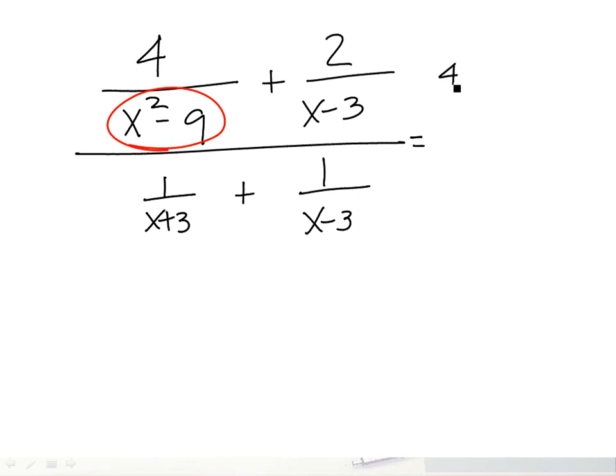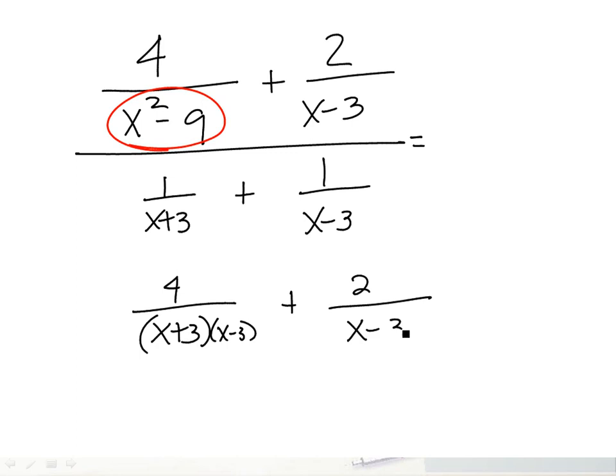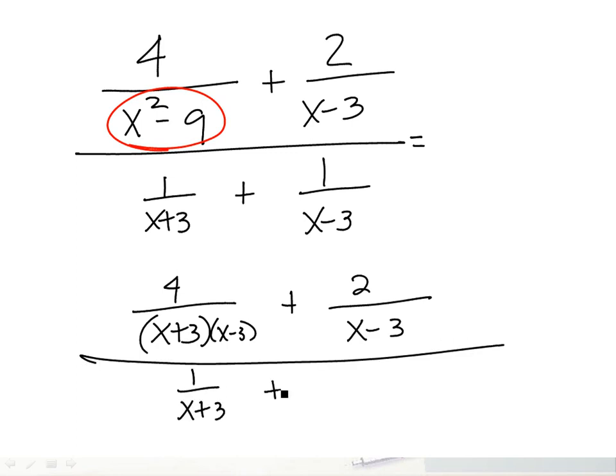So it's 4 over x plus 3 times x minus 3 plus 2 over x minus 3 all over 1 over x plus 3 plus 1 over x minus 3.